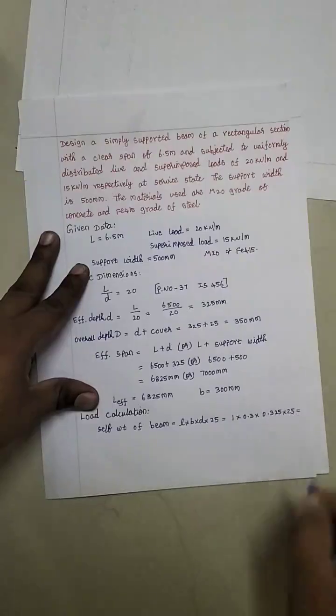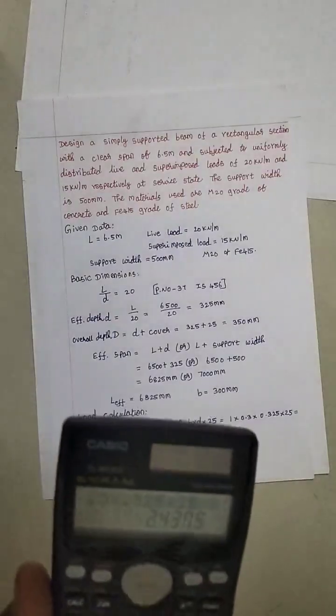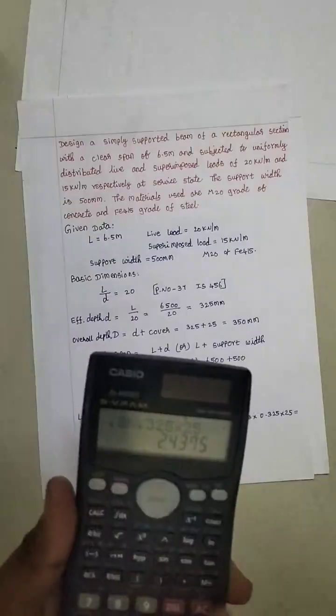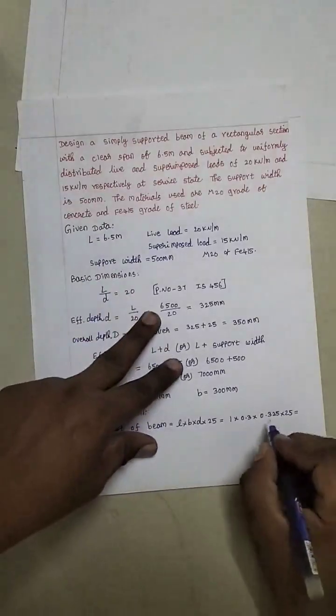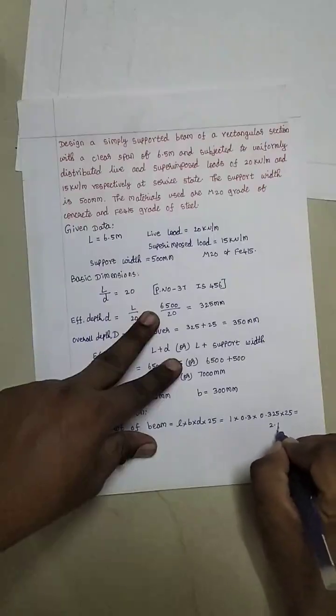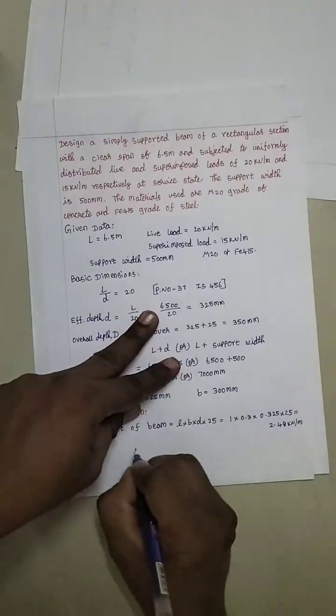So the value is 2.34375, so I can take it as 2.48 kilonewton per meter.